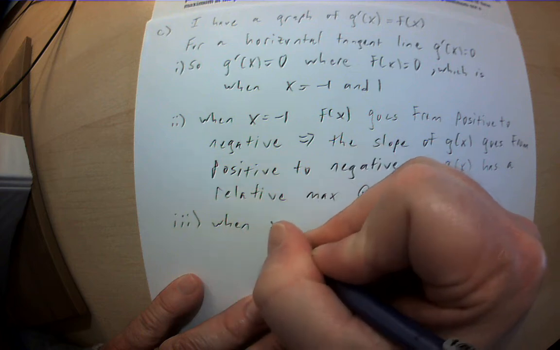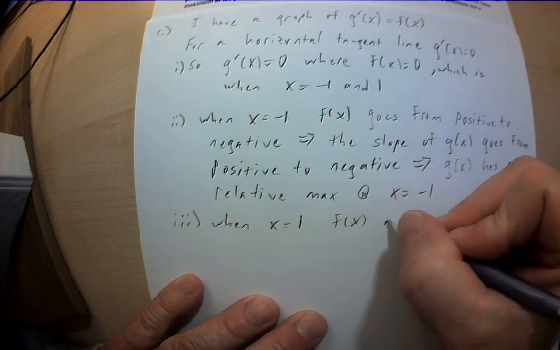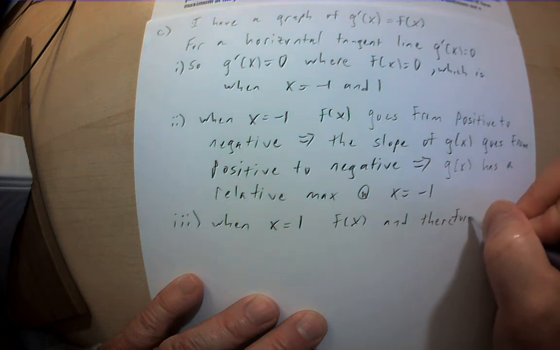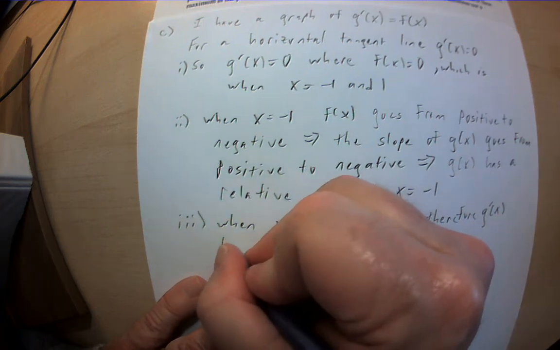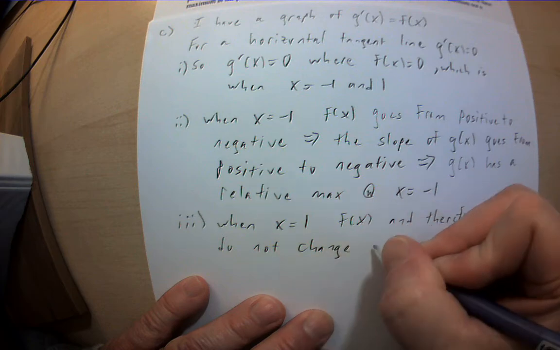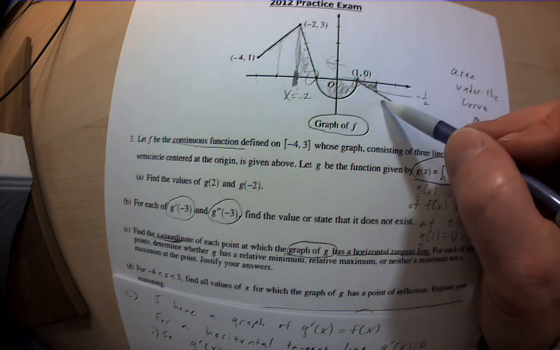When x equals 1, f of x, and therefore g prime of x, do not change sign. If you look, it was negative, went to 0, it stayed negative, didn't change sign.